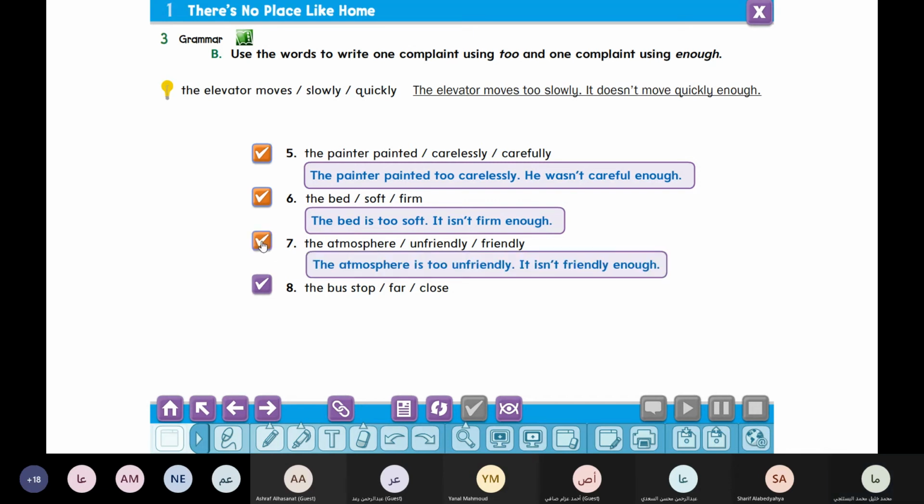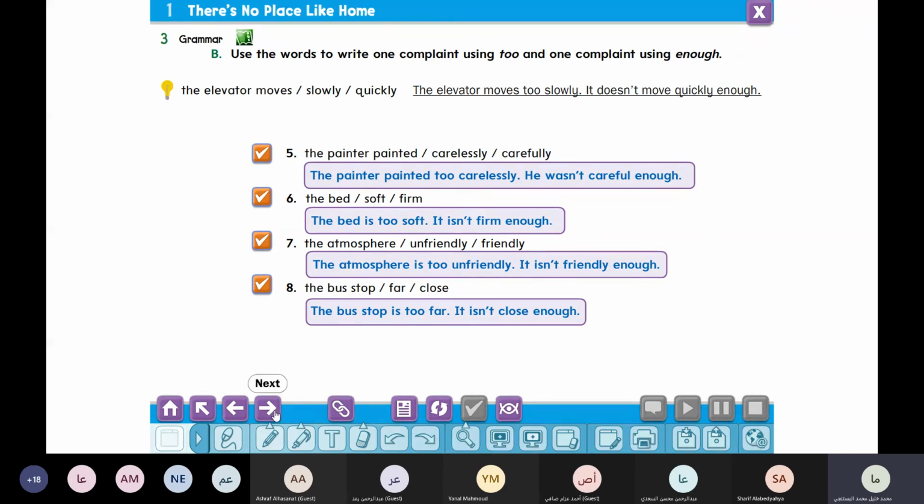The atmosphere is too unfriendly. It isn't friendly enough. And the last one, the bus stop is too far. It isn't close enough. So this is about the second group of the exercise B. Okay, picture them. I think the main idea of the exercise is clear.